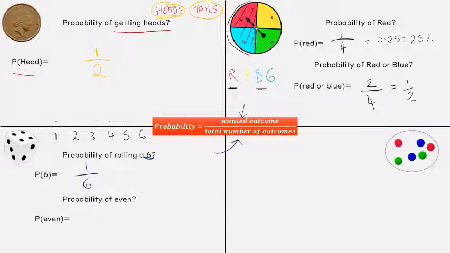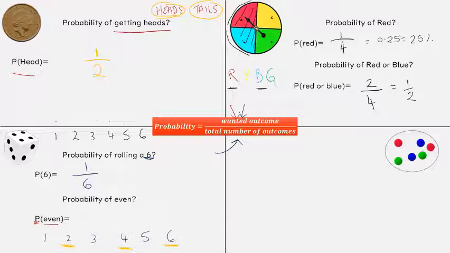The second bit says the probability of the number being even. Well, we can see there's 6 numbers. I'm going to highlight which ones are even: 2, 4, and 6. So now let's go to the equation. The probability, this P, that's all it means, the probability of it being even. Well, how many wanted outcomes are there?